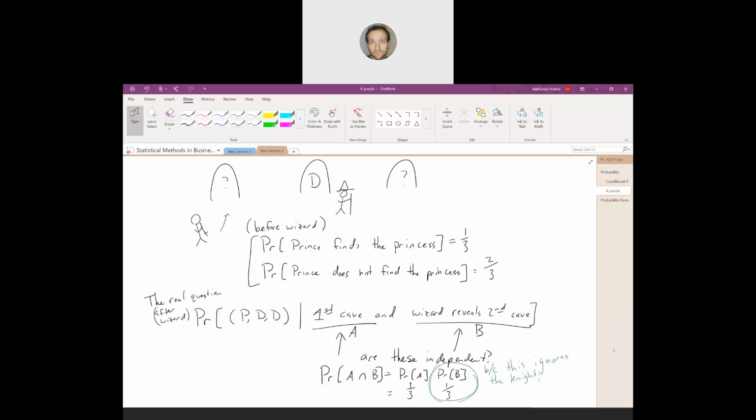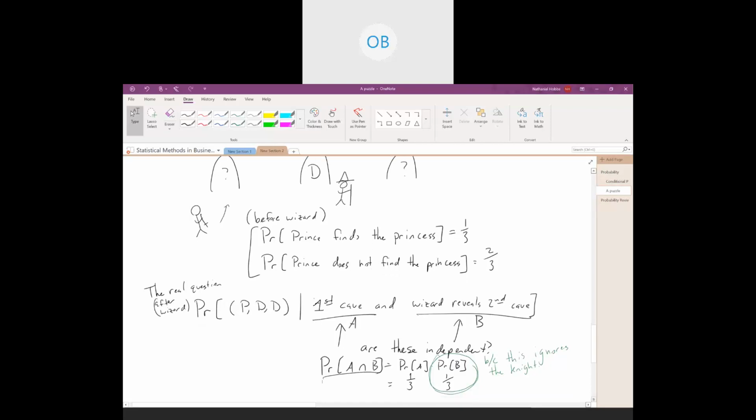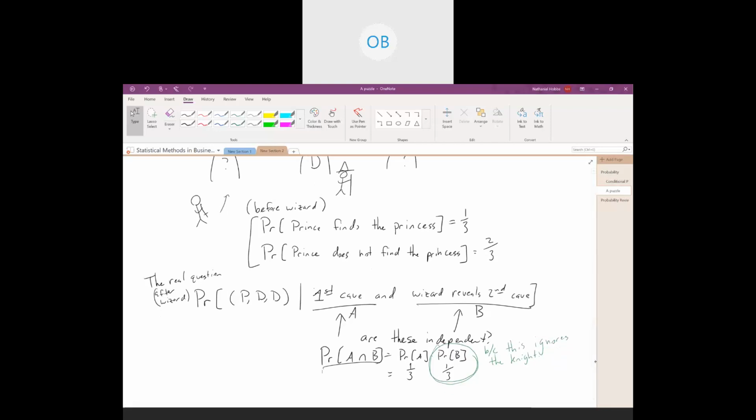Okay. Now comes the harder part, I guess. This probability, the probability of A and B. So what's the probability that the knight chooses the first cave and the wizard reveals the second cave? 2/3? Why 2/3?